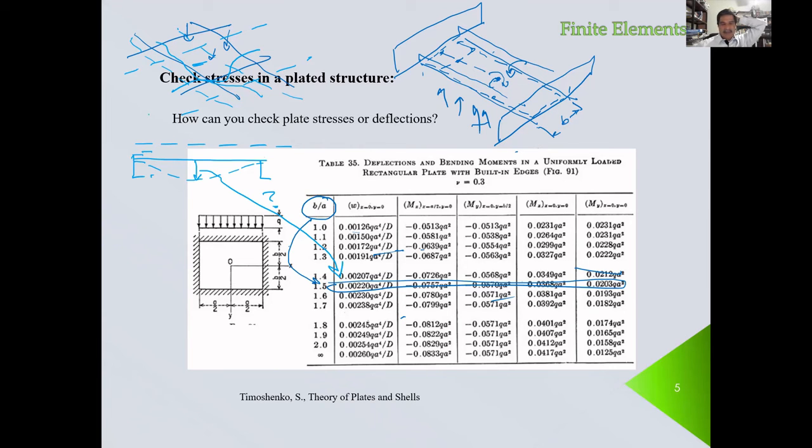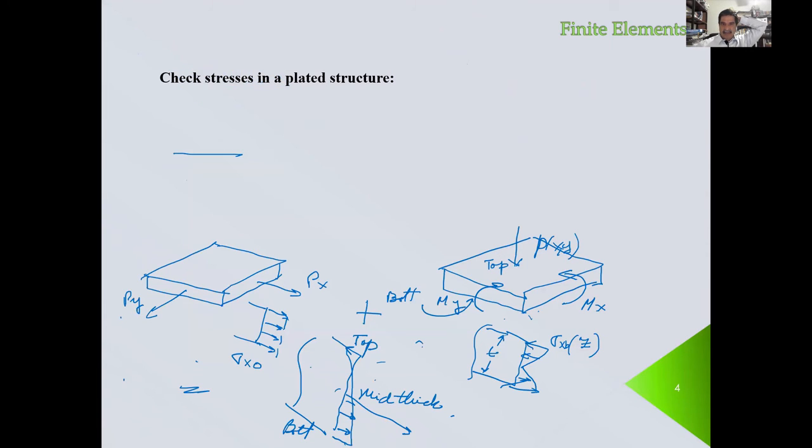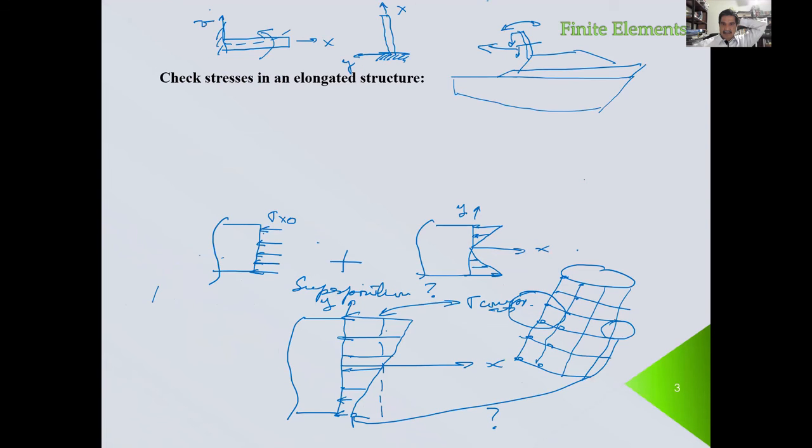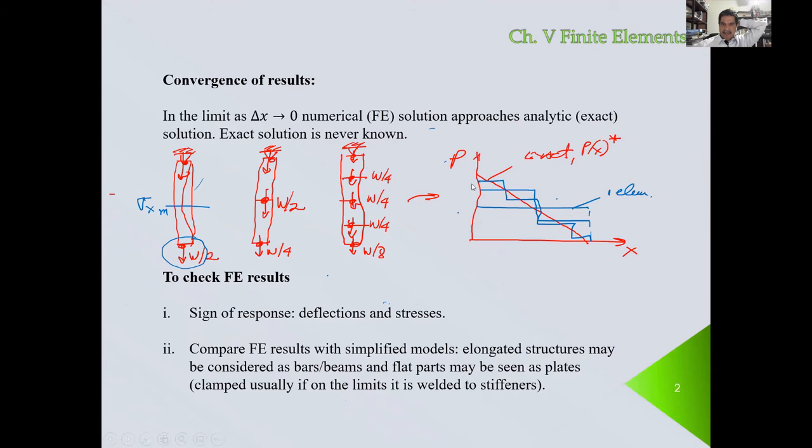That depends on the situation in general. The problem here is that you never know this result. So you cannot say the difference. Why not? Because you don't know P star. This value is something that you never know.